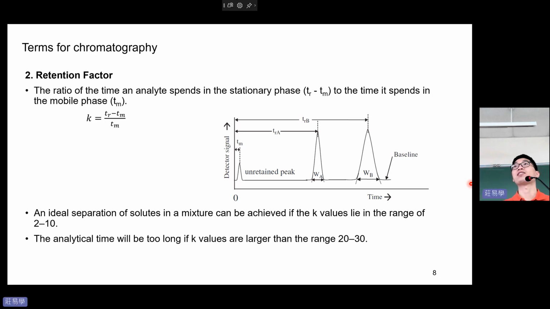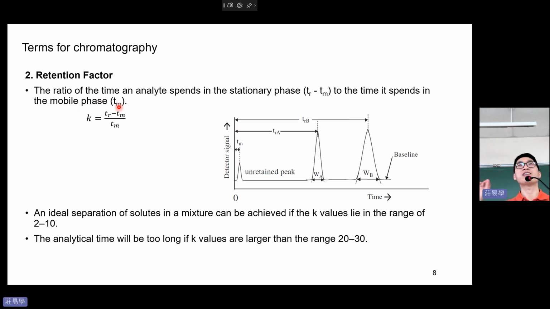From the wording, the retention factor is related to the compound being retained in the column. It is defined as the ratio of the time an analyte spends in the stationary phase to the time it spends in the mobile phase.